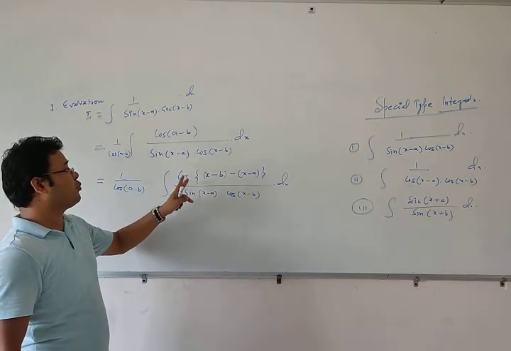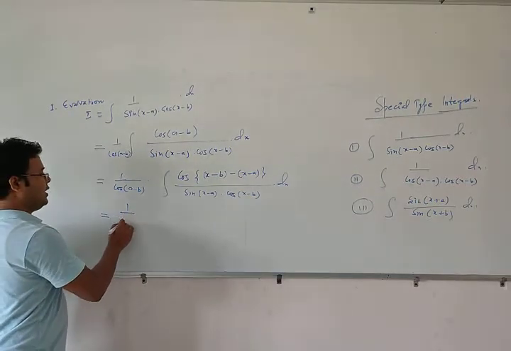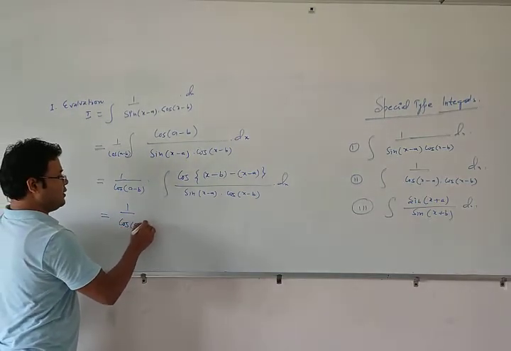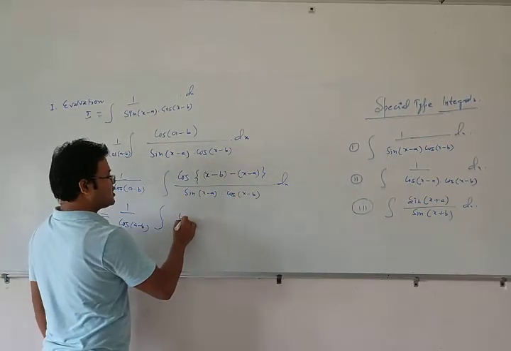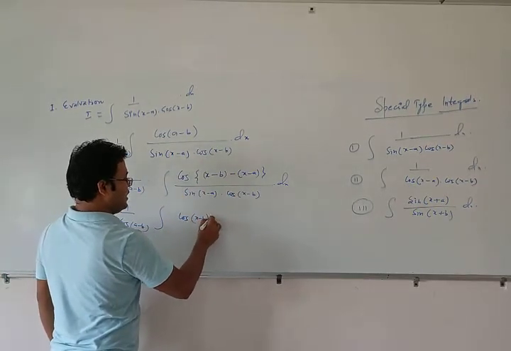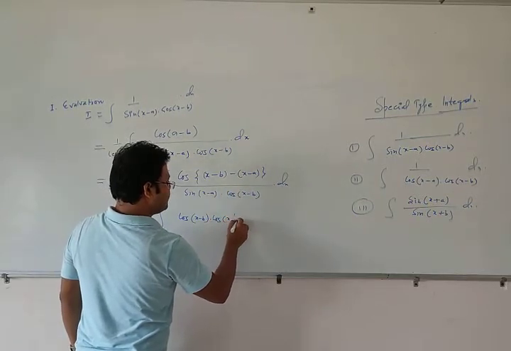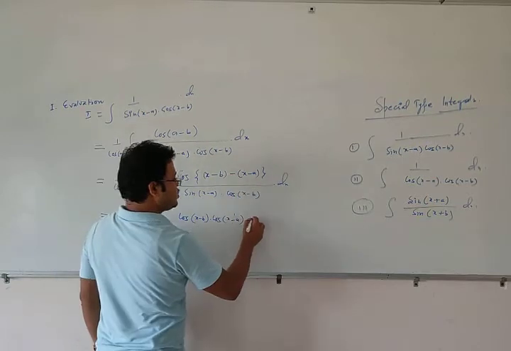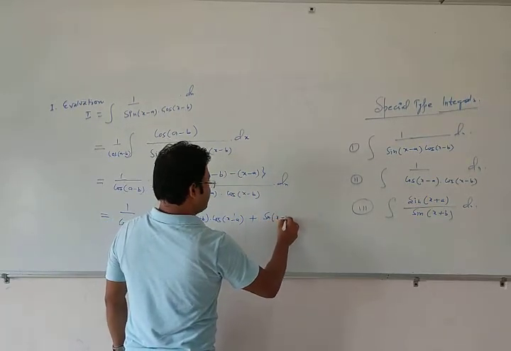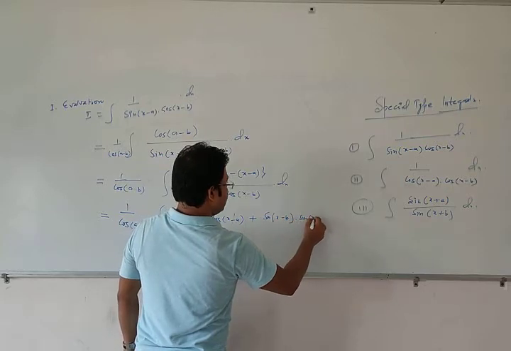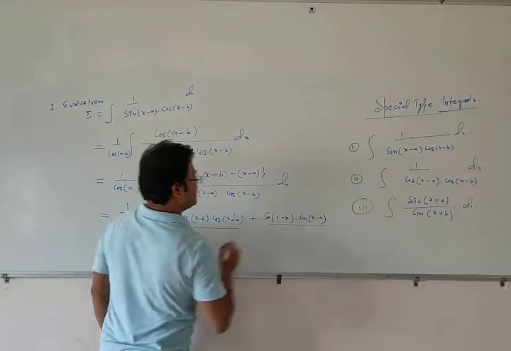So here we use the formula of cos(a minus b): 1 by cos(a minus b), integration of cos(x minus b) into cos(x minus a) — the sign is minus, so we put plus — sin(x minus b) into sin(x minus a), and this term is divided by each numerator term.